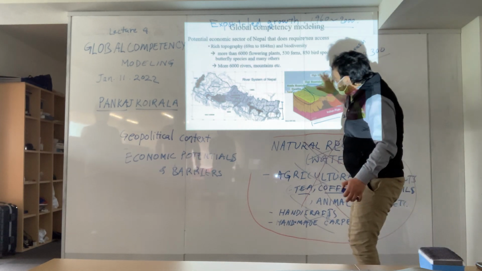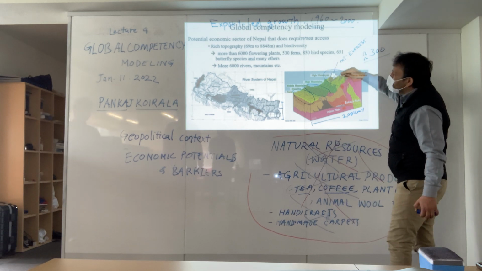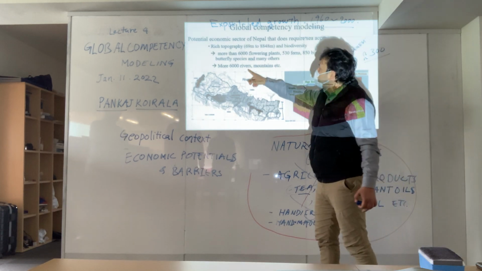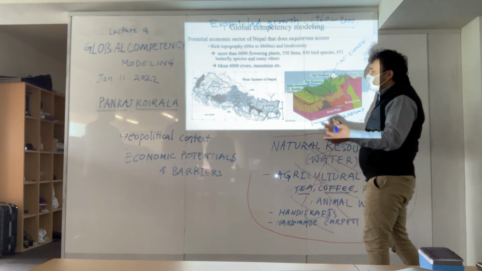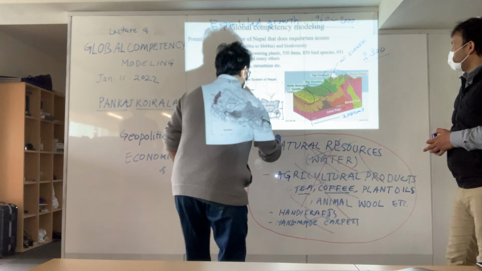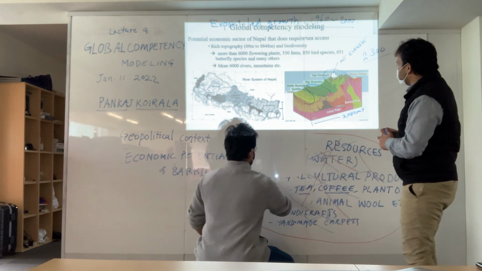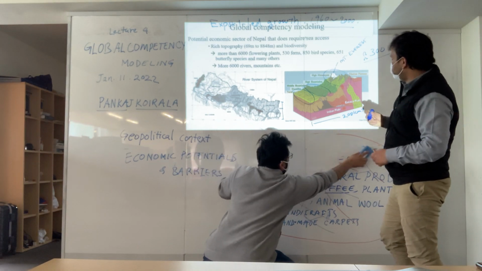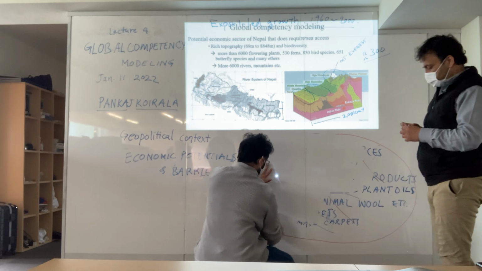And because there are mountains and snow, there are more than 600 rivers. This makes Nepal a beautiful and unique country for tourism. Altitude difference, yeah, altitude difference. And the water resource, hydro potential.